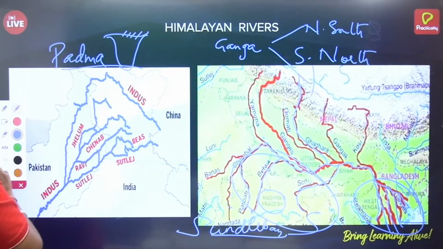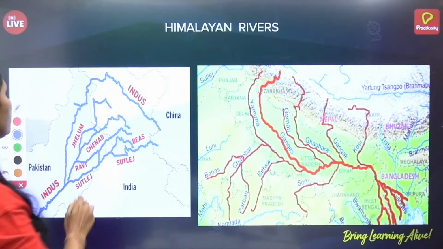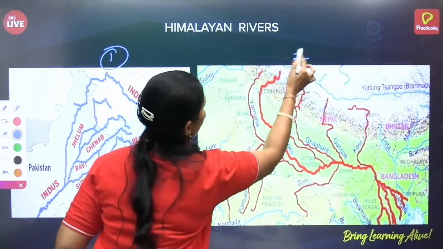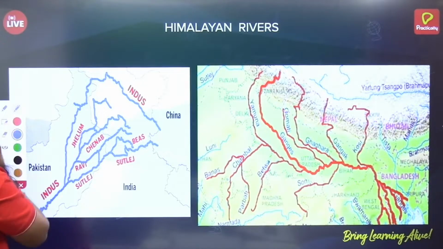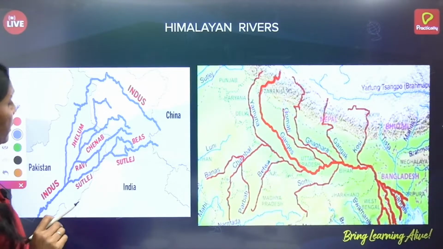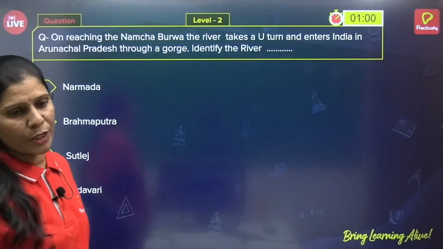Okay, let us go for the other Himalayan river. Next, the third one. We have completed two parts of the Himalayan rivers. Let us have a question here. Children, please answer this question.